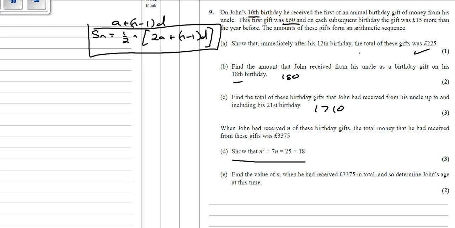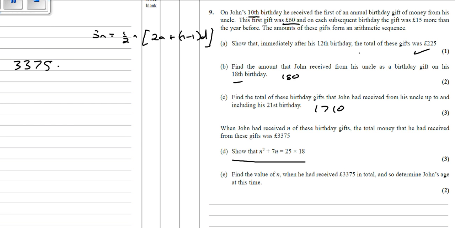If we use this formula up here, which tells us the total, we don't know what n is, but we do know that a is 60 and d is 15. So the total, 3,375, equals half n, 2a is 120, plus n minus 1 times the difference, which is 15.